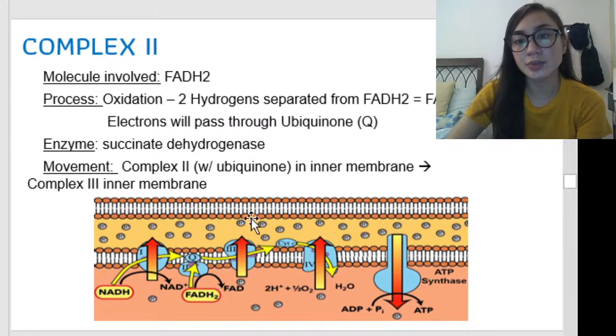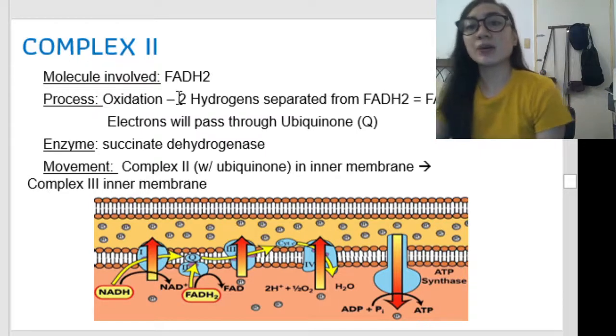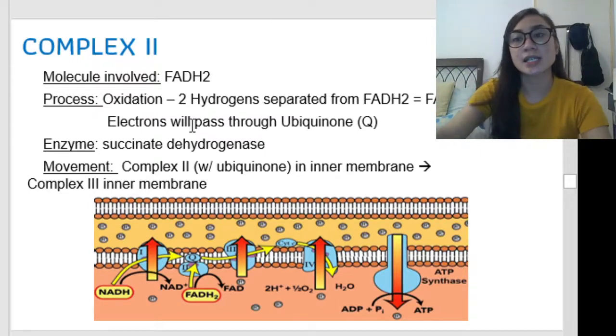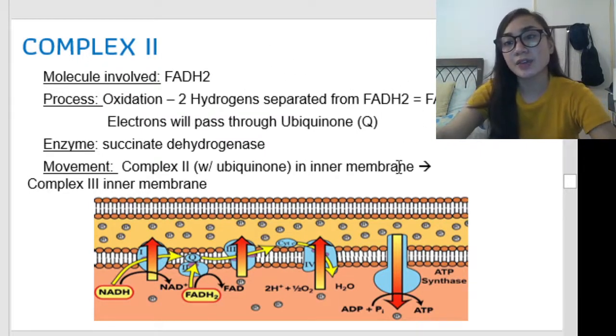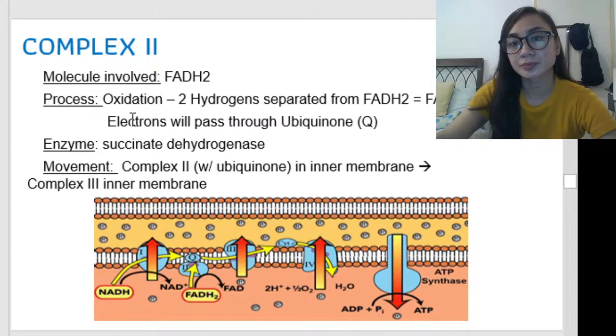So, in here, what's important is that alam natin na meron tayong dalawang hydrogens na maseseparate sa ating FADH2. And electrons will pass through ubiquinone or yung ating Q na galing sa complex 1 and also sa complex 2. Okay?